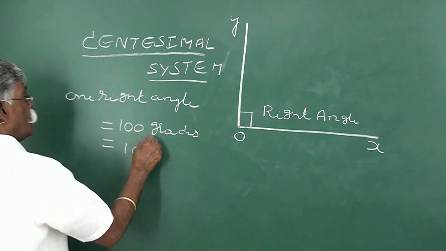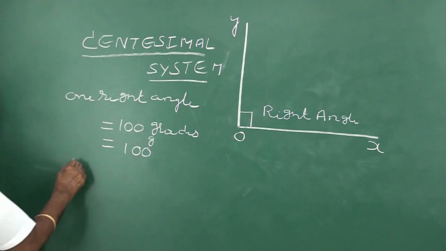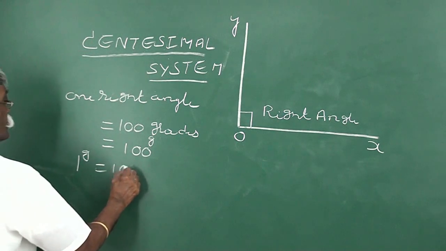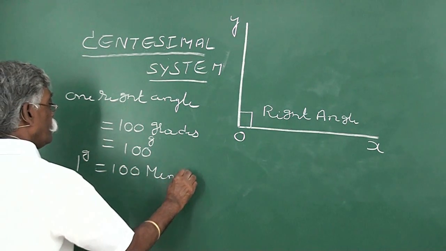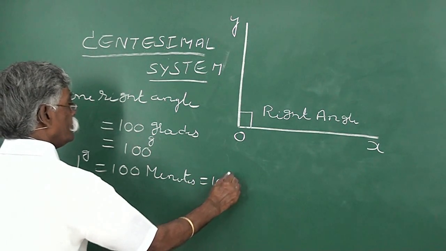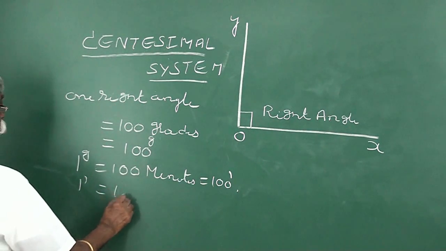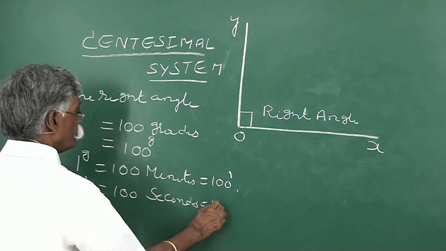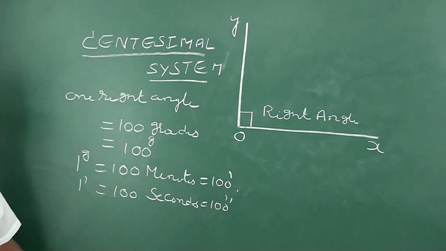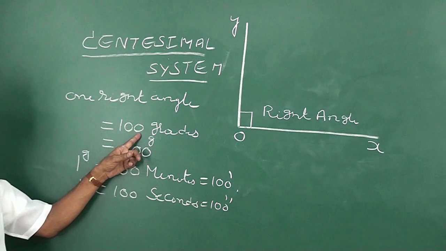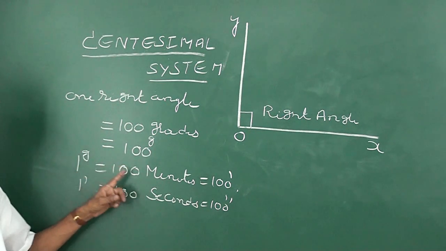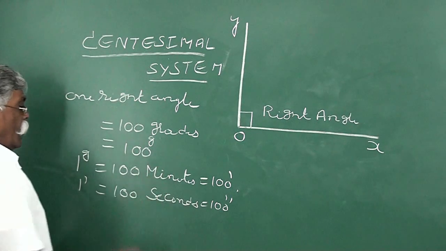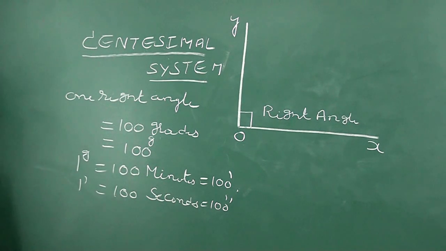This is written as 100 to the power g. 1 grade is equal to 100 minutes. And 1 minute is equal to 100 seconds. So one right angle is equal to 100 grades, 1 grade is equal to 100 minutes, and 1 minute is equal to 100 seconds.